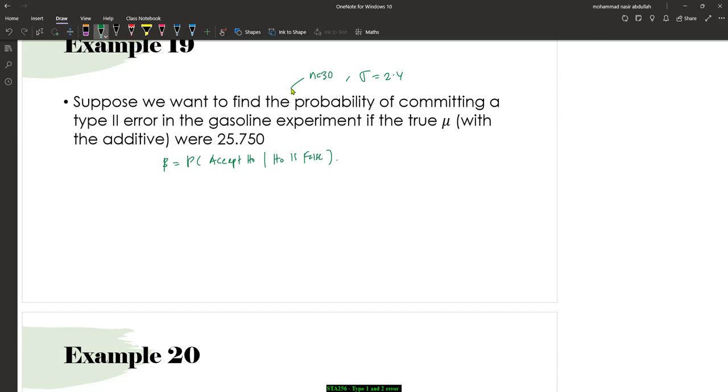Kejap, I think the question is not enough information dekat sini.